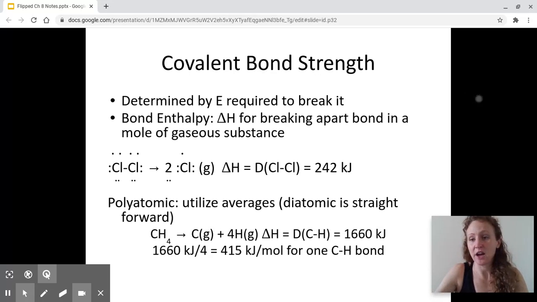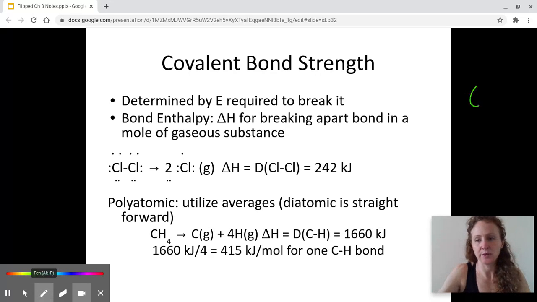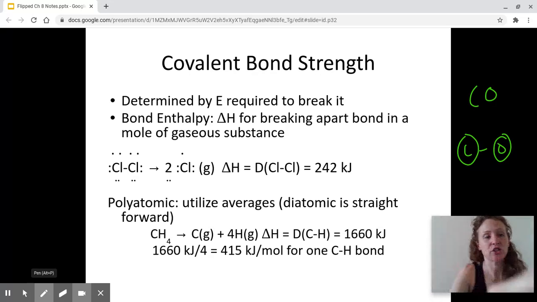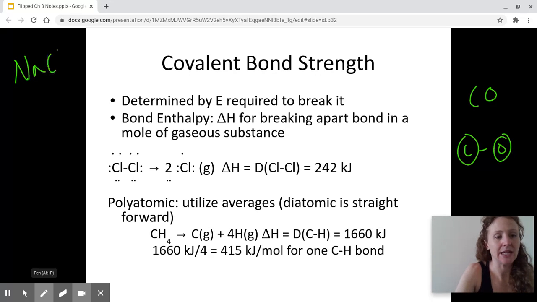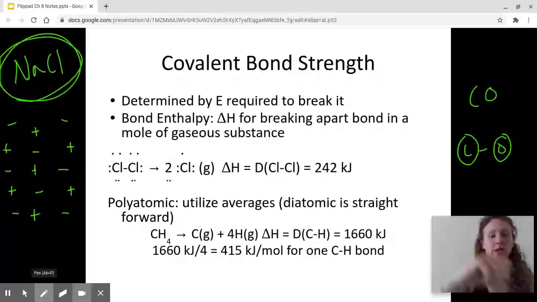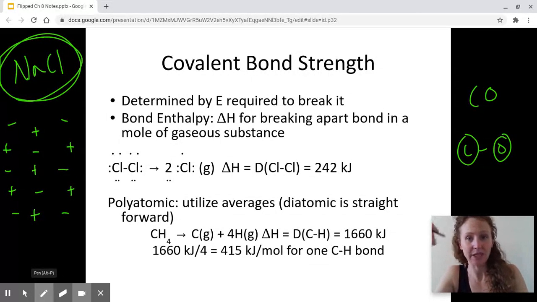So if you have carbon monoxide, for example, CO, it's literally one carbon bonded to one oxygen. In contrast to an ionic compound like NaCl, which is actually lots and lots of positives bonded to lots and lots of negatives, right? So we call it an ionic compound because it's a ratio.